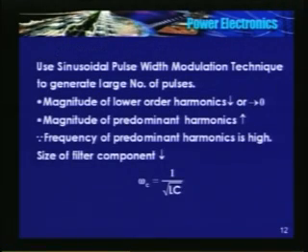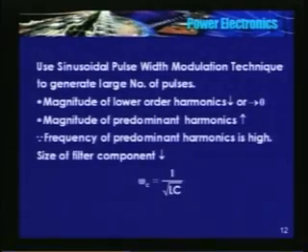What the technique says: if there are n number of pulses per half a cycle, the frequency of the predominant harmonic is n plus 1 times the supply frequency.